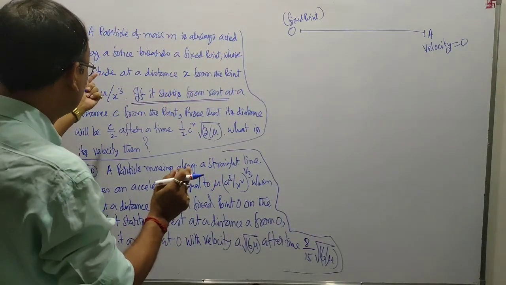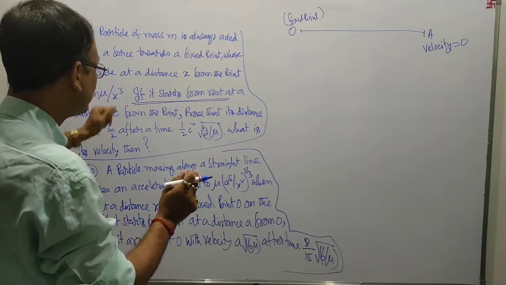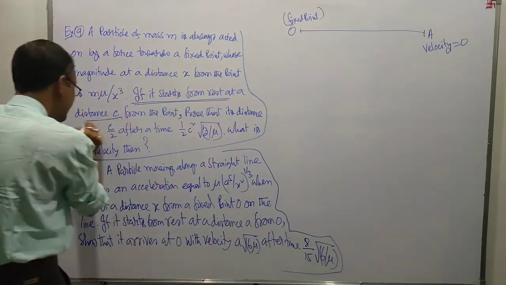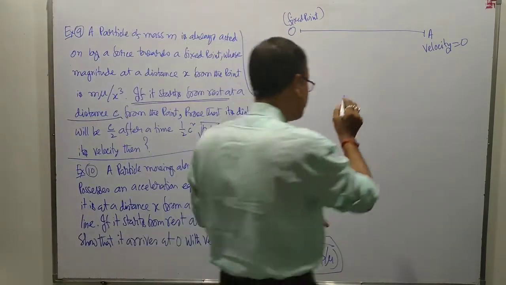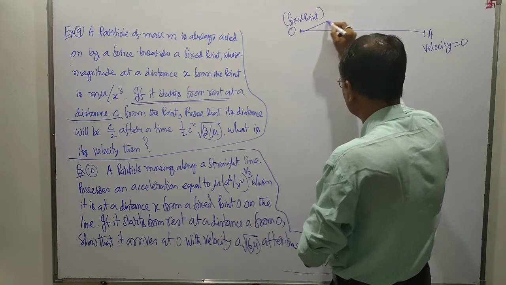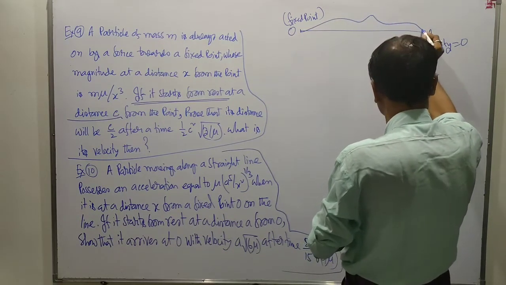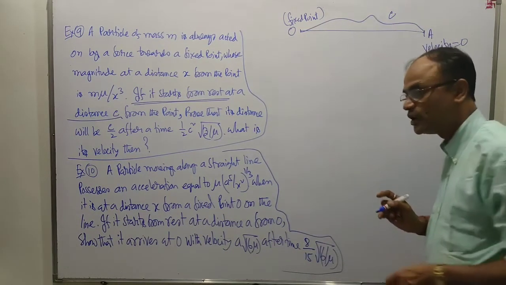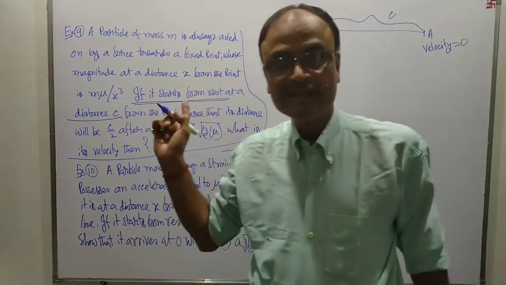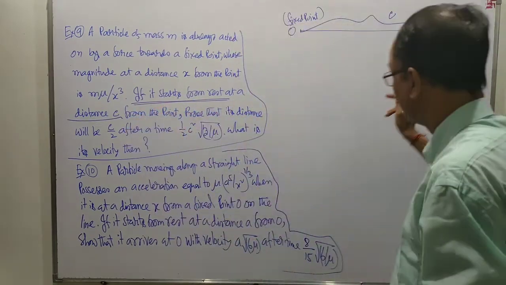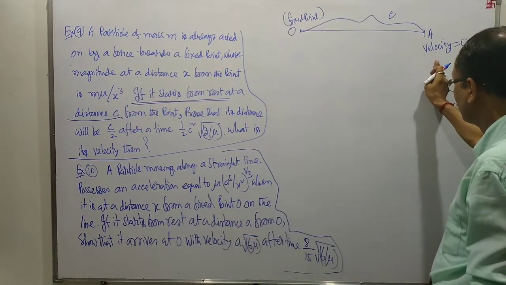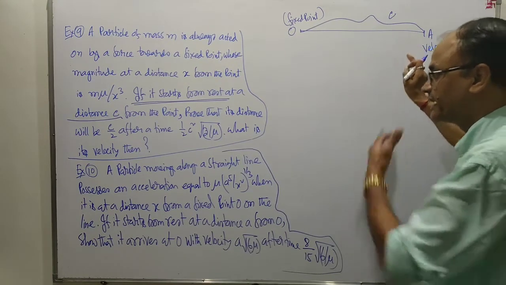And it is given that this distance is c. The distance OA is c. Velocity at the point A is 0.